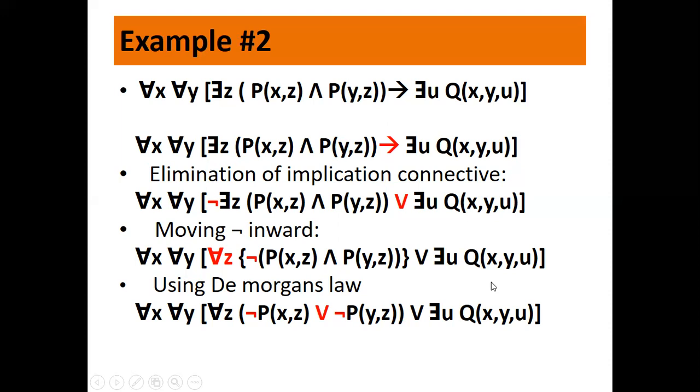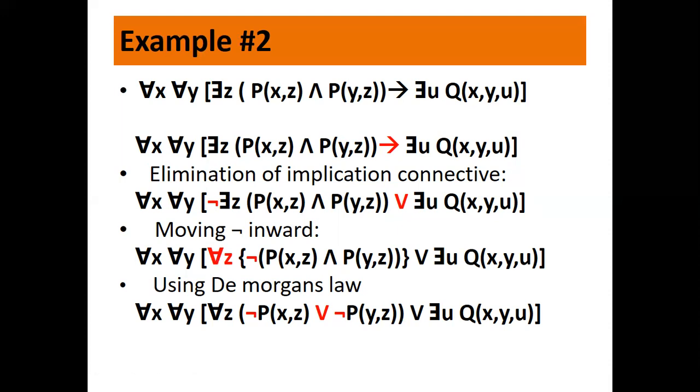Is it clear? So what we did here: the very first thing, we checked the scope, then we eliminated the implication connective. To eliminate it, we added negation and an OR operator. Now negation is associated with the quantifier, and when moving this negation inward, the there exists quantifier gets converted to for all z.